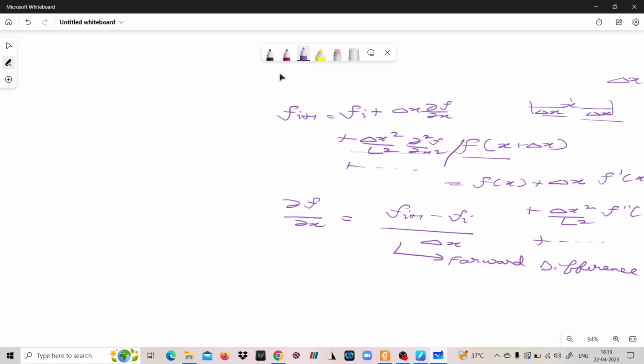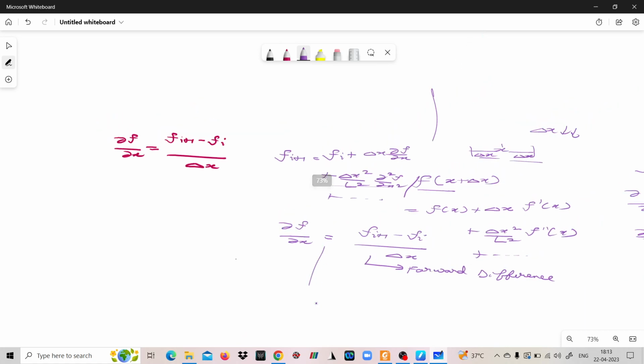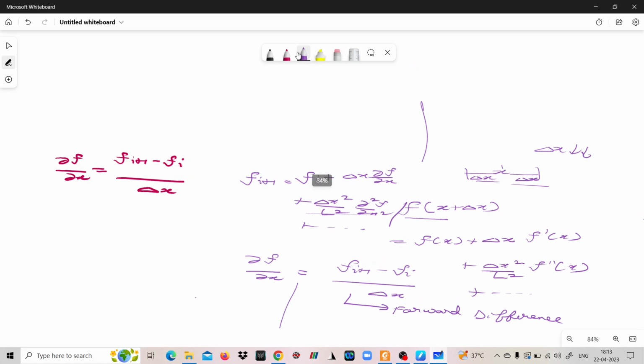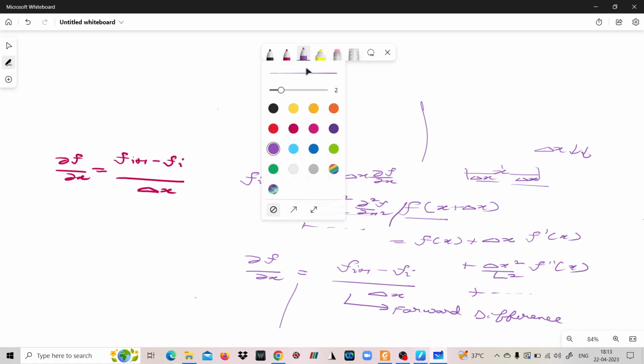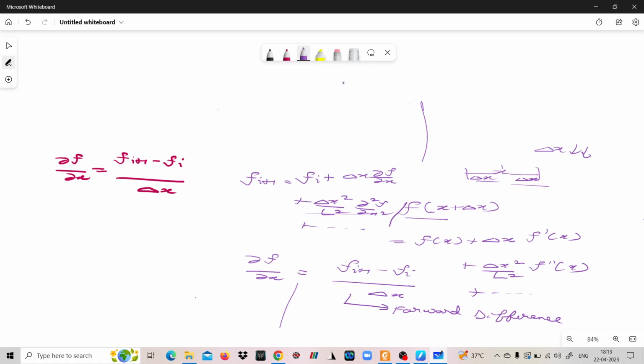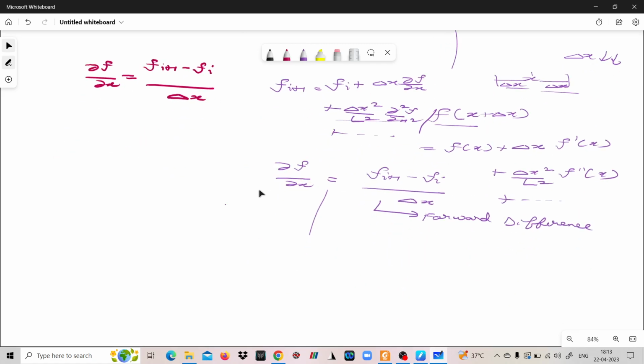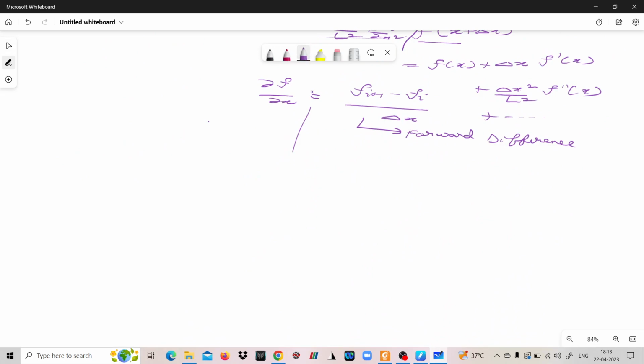Now let me preserve this equation. So delta f by delta x from forward difference is f of I plus 1 minus f of I divided by delta x. Now if you write in terms of backward difference, what will you get?